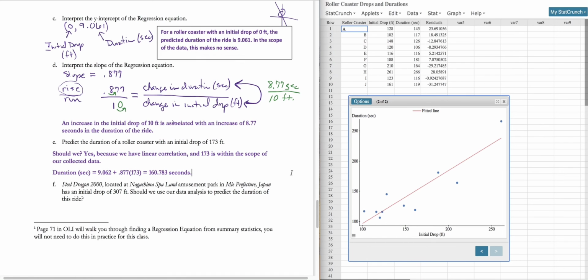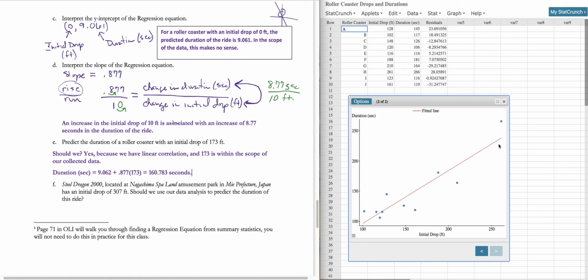Well, hopefully, immediately you think, no, we should not. An initial drop of 307 feet is outside the scope of data that we have collected. The largest initial drop that we have data for is 261 feet, well short of 307.